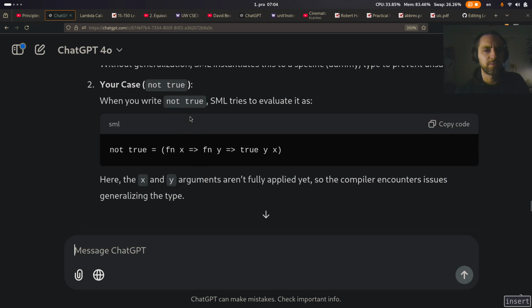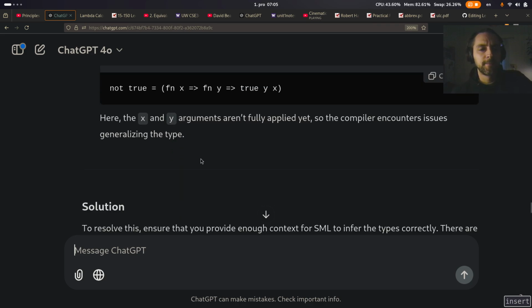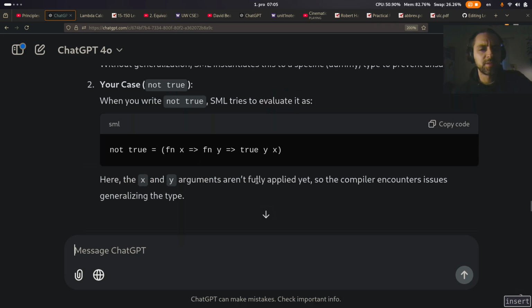When you write not true, SML tries to evaluate it as not true. fn x, fn y, true, y x. Here the x and y arguments aren't fully applied, so the compiler encounters issues generalizing the type.